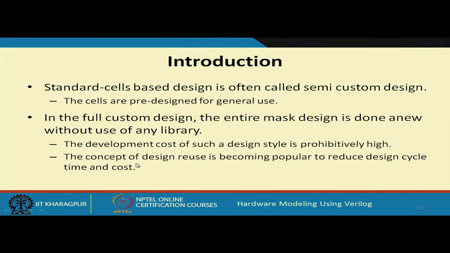Therefore, all the designers today use a concept called design reuse. I am just taking an example, suppose you are coming up with a new design of a processor. So, you say that I am developing a new CPU, I want to manufacture it, fabricate it. So, should I design everything from scratch? Well, I may see that I require a 32-bit fast multiplier, which I had already designed earlier for some other processors. So, why not I take the same design from there and use it here?